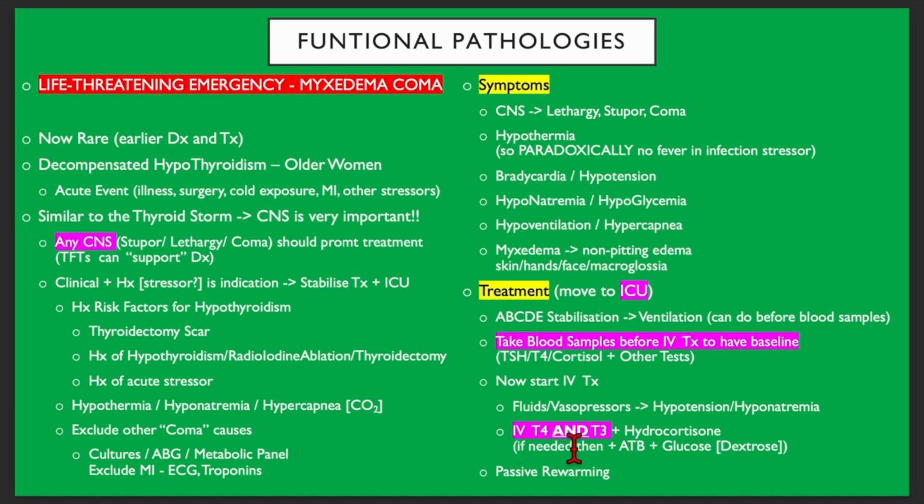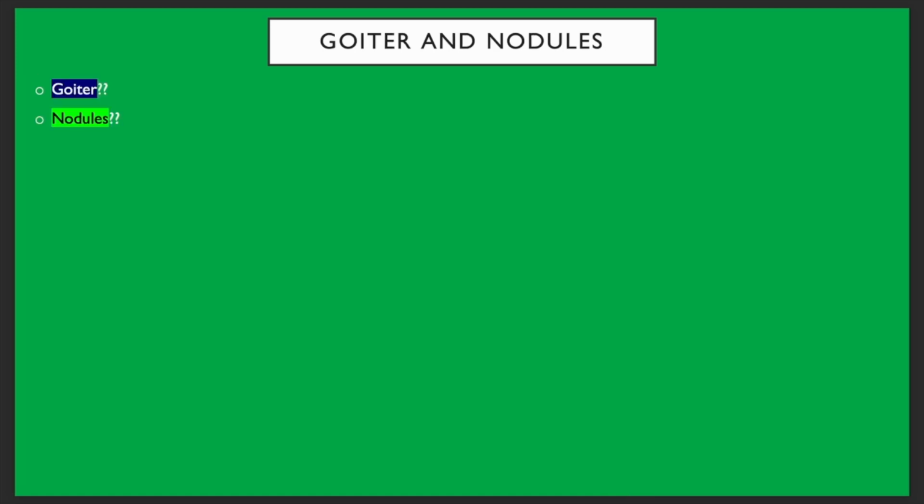If needed, if their glucose is very low, give them dextrose solution. Give them antibiotics if you find some infection, and then start to rewarm them because they are very, very cold, hypothermic, they cannot generate fever themselves, so we start to bring the temperature back. So that's myxedema coma.